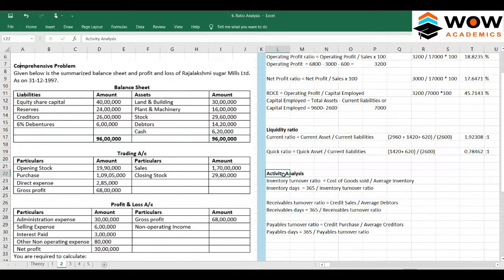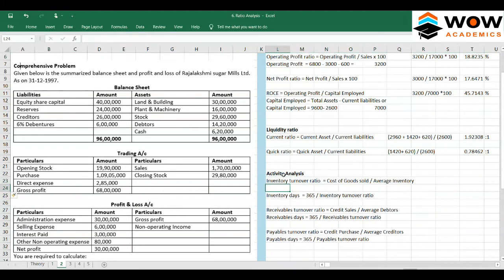So we have the activity ratios. For activity ratios, we have to get a lot of numbers. So we'll start. First we have to get COGS. COGS will be equal to sales minus gross profit.